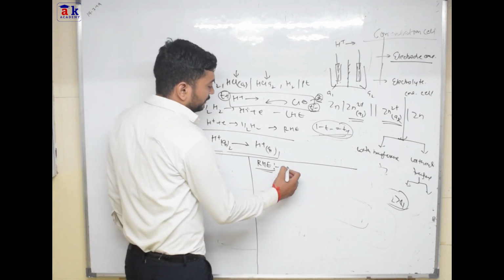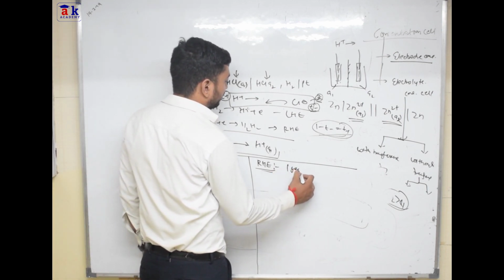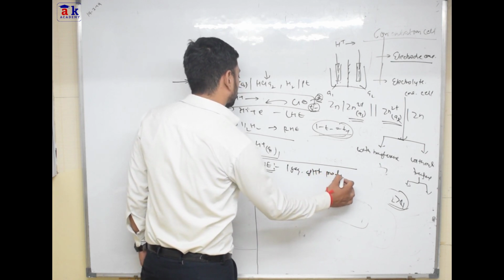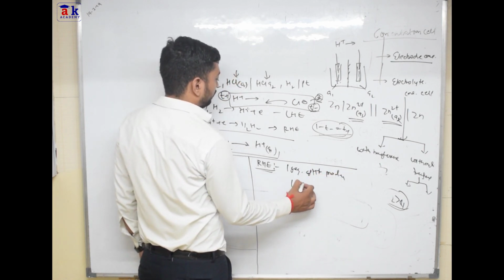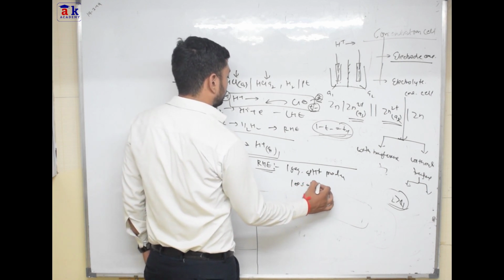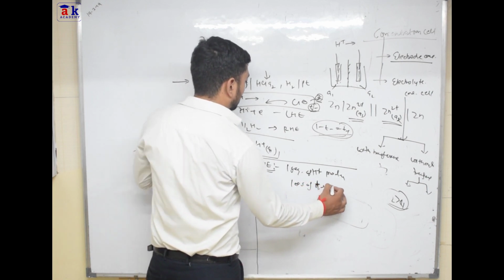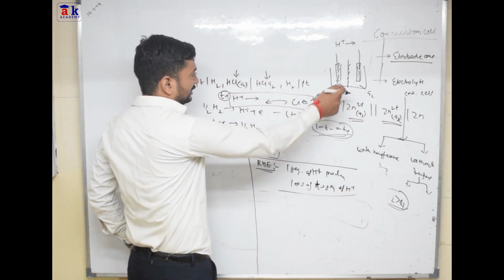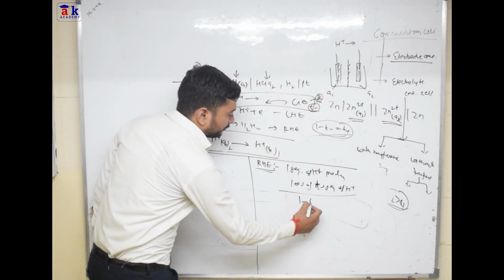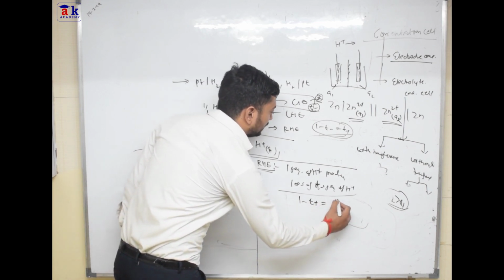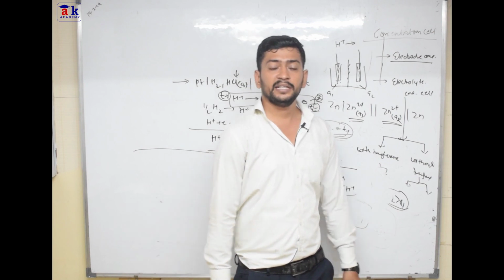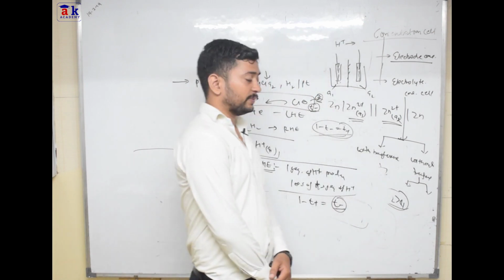So the net H plus will be 1 minus t plus, which is t minus H plus.